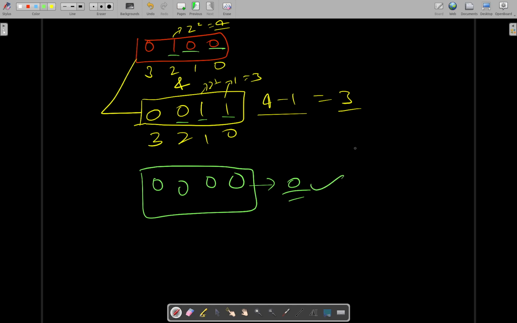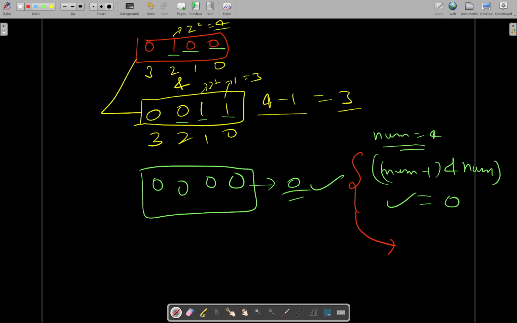So if the number was 4, and the number minus 1 ANDed with the number itself results in 0, then you can say that this particular number is having only one set bit. This is the logic for only one set bit.